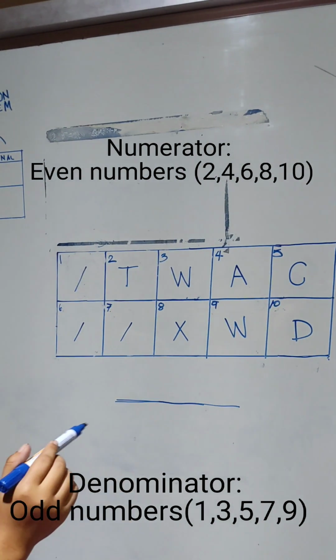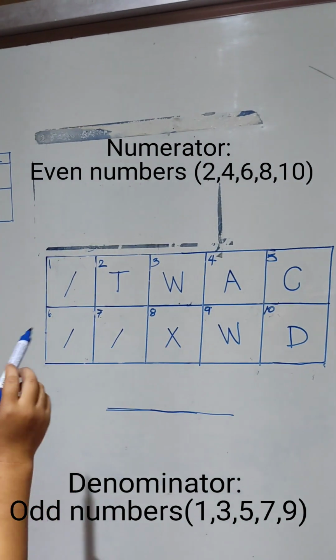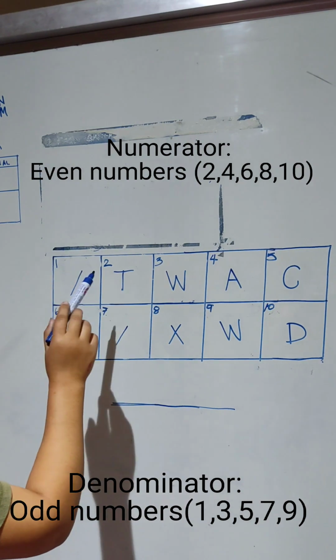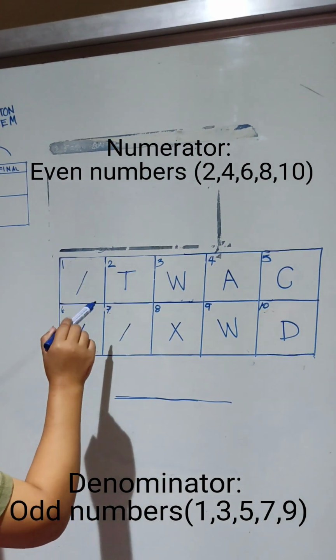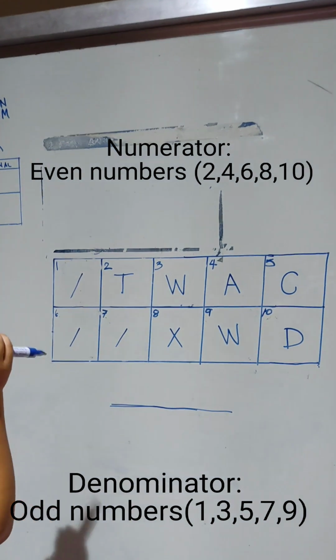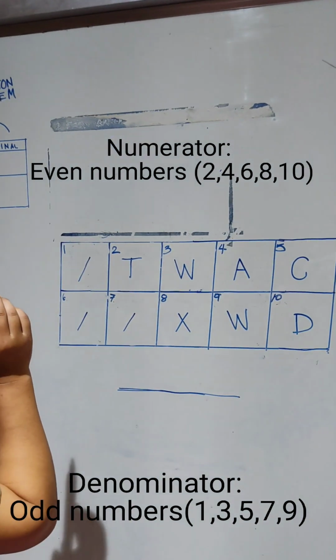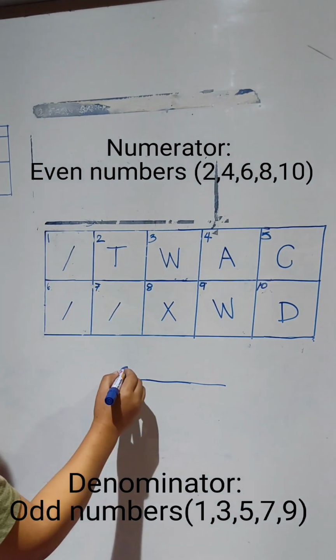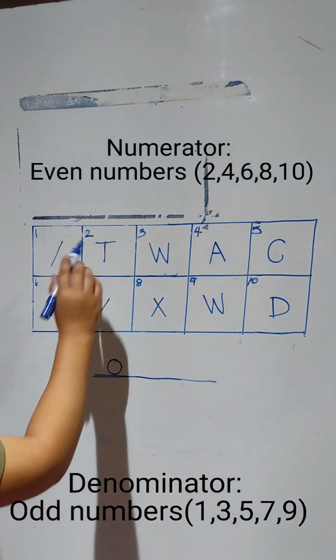Just like what I've said earlier, we're going to focus only on whirls. If it is an arch or a loop, automatically it is 0. Let's first take a look at the numerator. This is a tented arch, so this is 0.